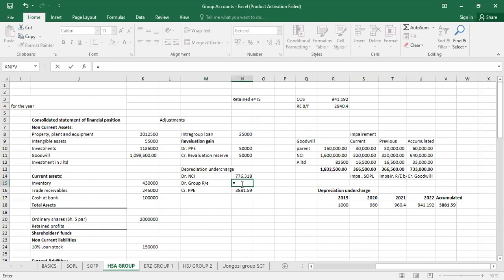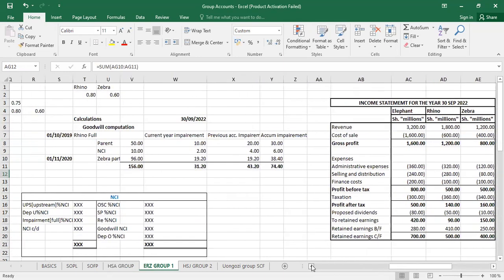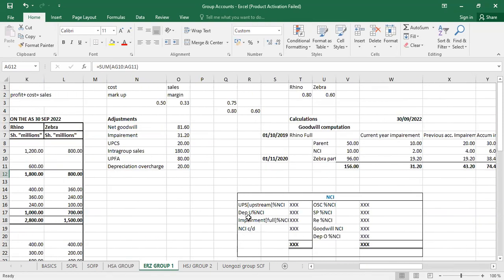Then here it will be equal. So this one here minus the value, and this one goes to group retained earnings. You can see, let me use again here. Here is where we have done this one: depreciation undercharge percentage of NCI.